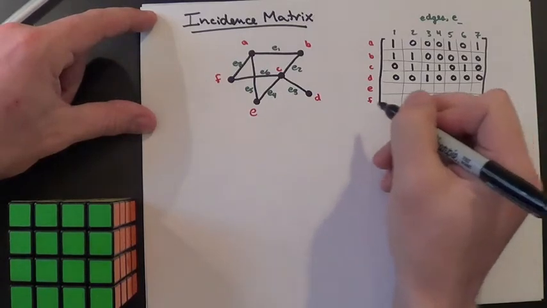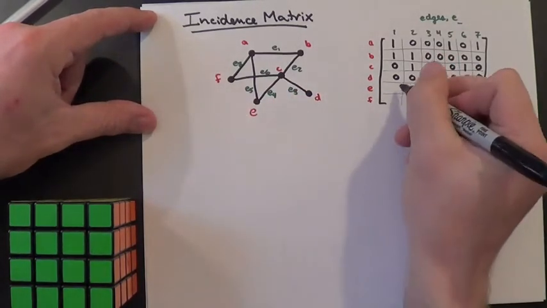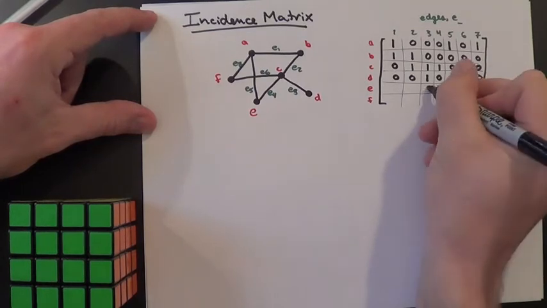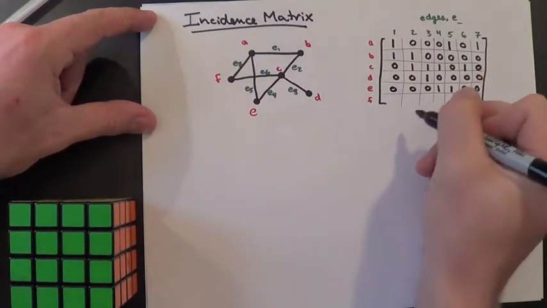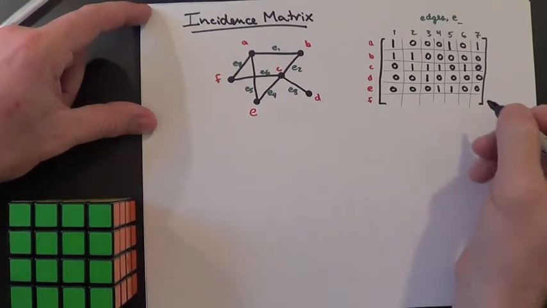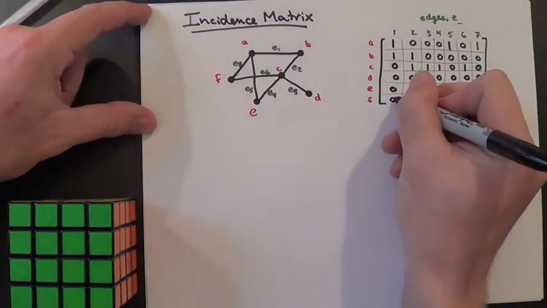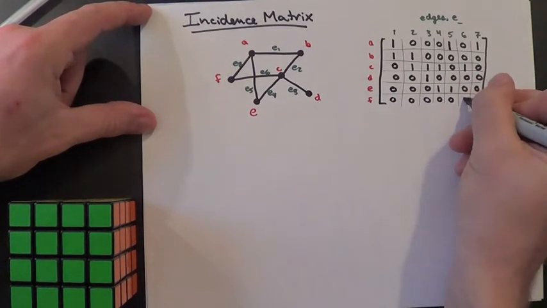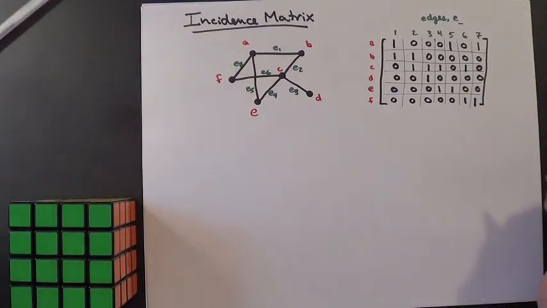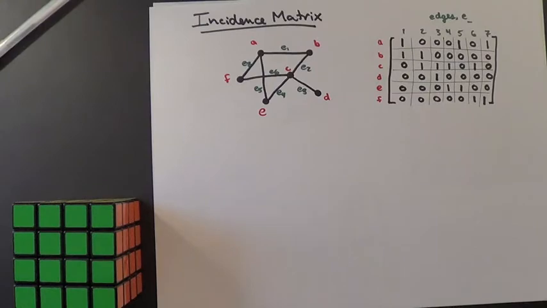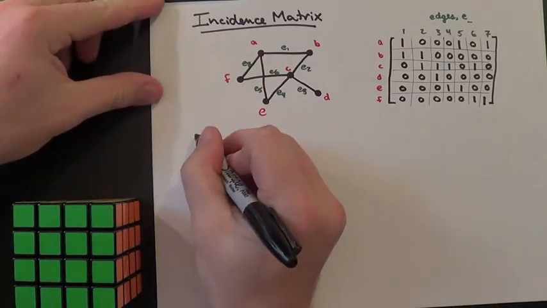E is incident with 4 and 5. So we denote those, put zeros elsewhere, and so on. So an incidence matrix, not too complicated, not too exciting either, to be honest. But it can be helpful in determining if your function is an isomorphism. Now, back to isomorphisms.